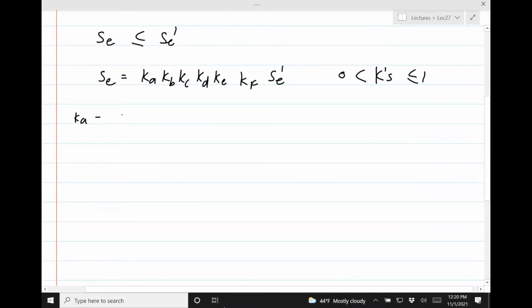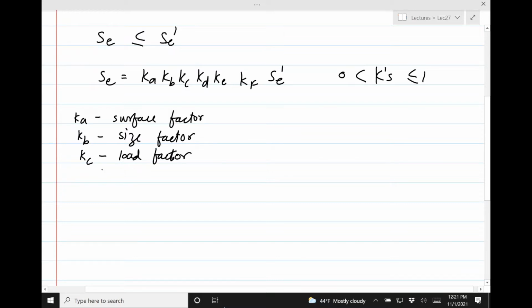Ka is a surface factor. Kb is the size factor. Kc is the load factor.